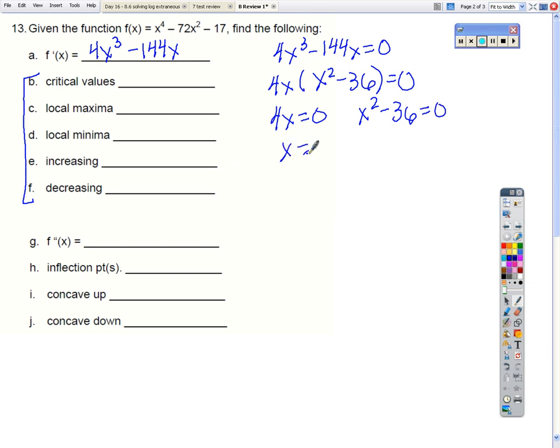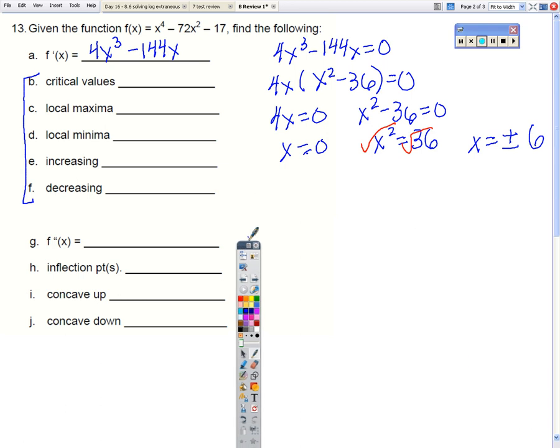So here x equals 0. And when you square root both sides, you get x is plus or minus 6. You can't forget that plus or minus. So now the critical values are negative 6, 0, and positive 6.